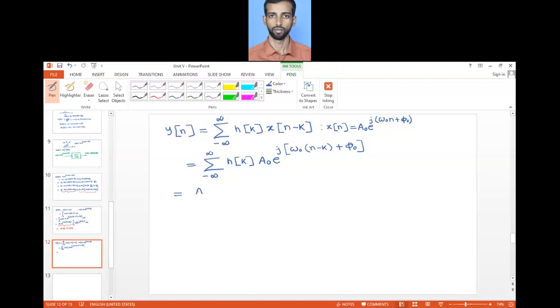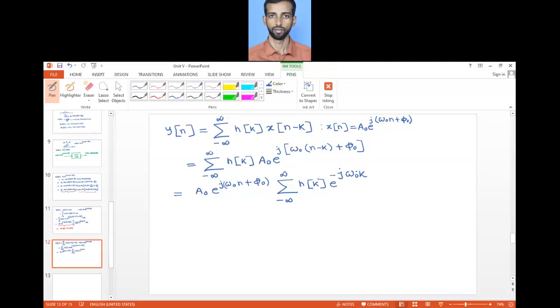So what are those? Obviously a naught, obviously e to the power j omega naught n plus phi naught altogether. What is left is the summation from minus to plus infinity of h of k multiplied with e to the power minus j omega naught k.